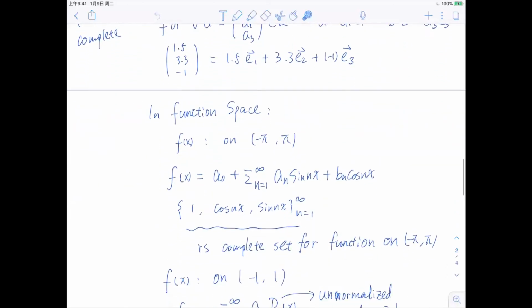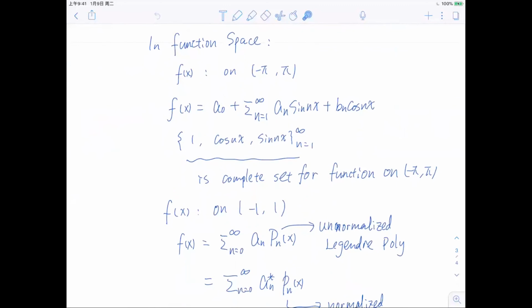In function space, we have a similar result, but things are a little bit different because a function has a domain on which it is defined. For example, if we have a function f(x) defined on minus pi to pi, we have previously learned that we can expand it as a Fourier series, which is f(x) equals a naught plus the summation from 1 to infinity of an times sine nx plus bn times cosine nx.